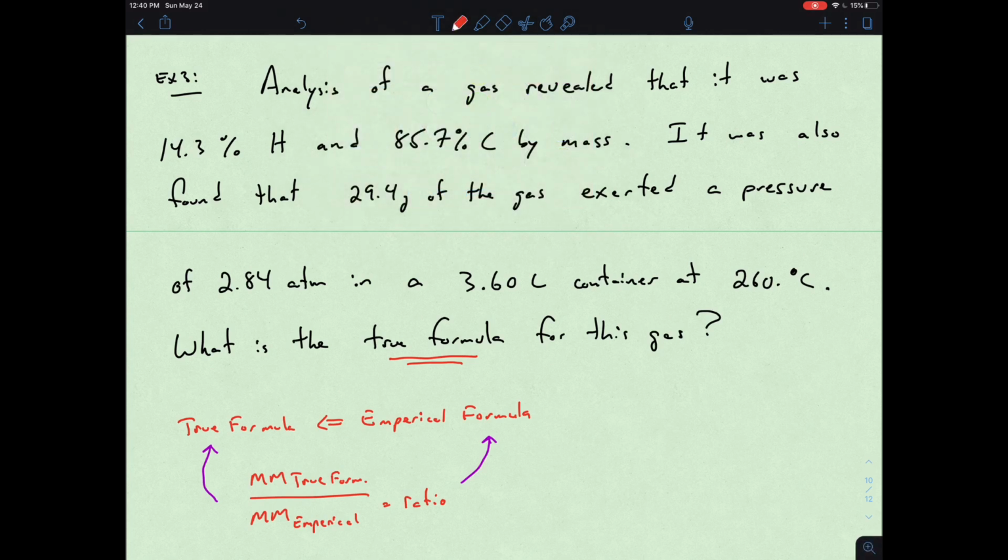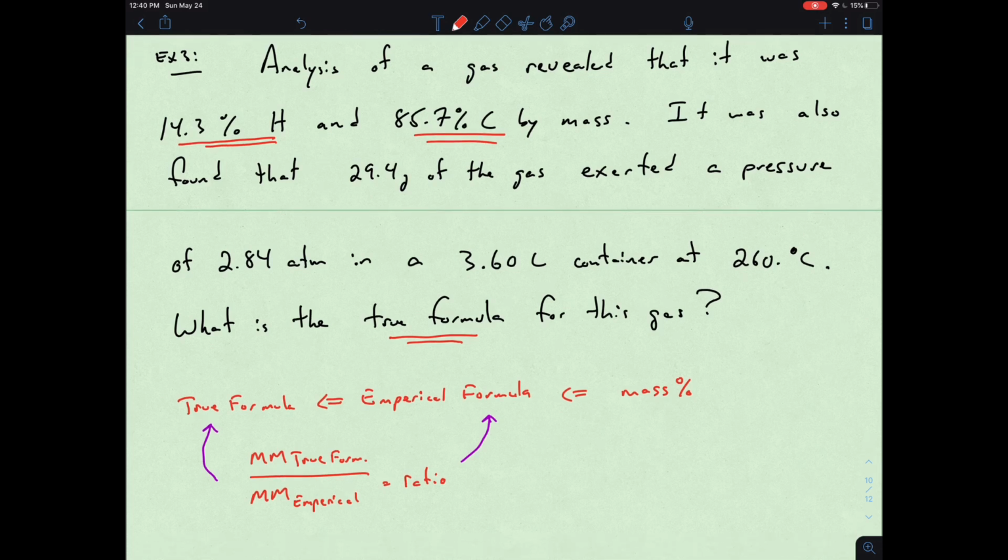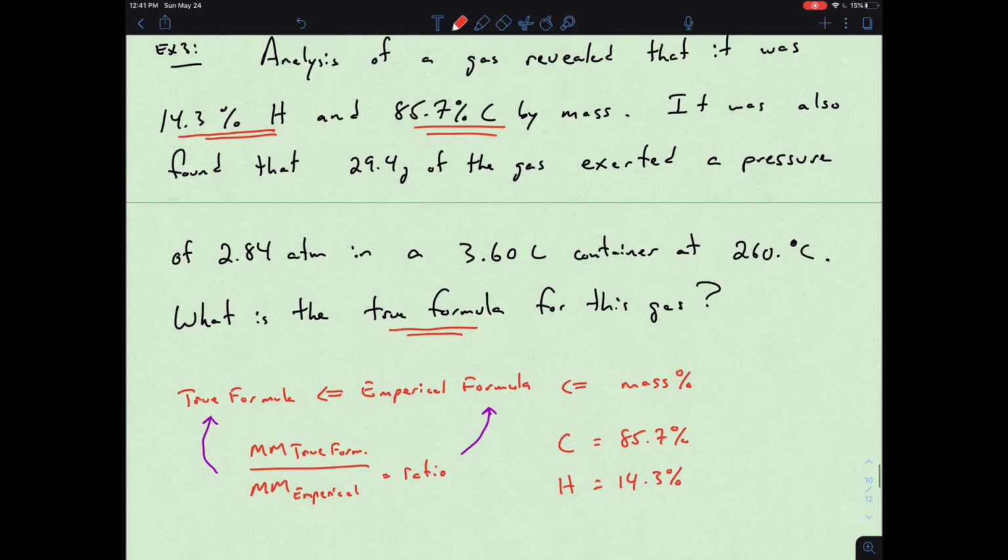And the empirical formula we could get from something such as mass percent, which is what we see above with these 14.3 and 85.7% values for the elements hydrogen and carbon. So we have that aspect, which gets us to the empirical formula.